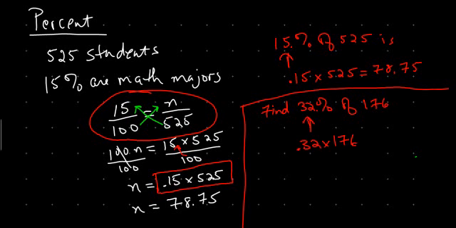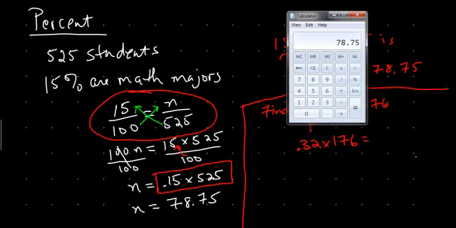We always multiply. We turn our percentage into a decimal and multiply, and that gives me the percent of whatever I'm looking for. 32% of 176 is 0.32 times 176. Get out the calculator. Clear. 0.32 times 176 equals 56.32.